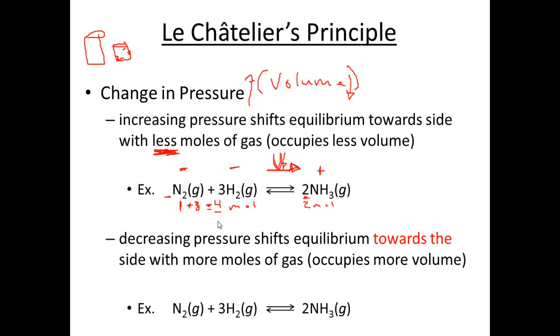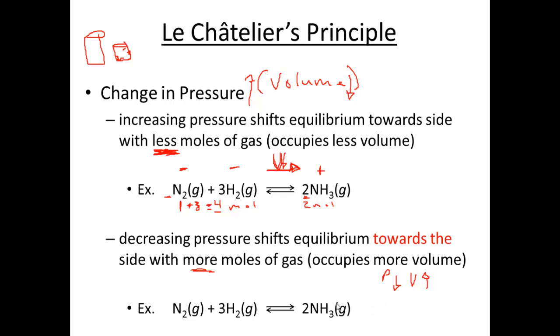Now the last one, decreasing the pressure shifts equilibrium to the side with more moles of gas. So we're going to decrease the pressure in this one. So if we're decreasing the pressure, our volume must be getting bigger.